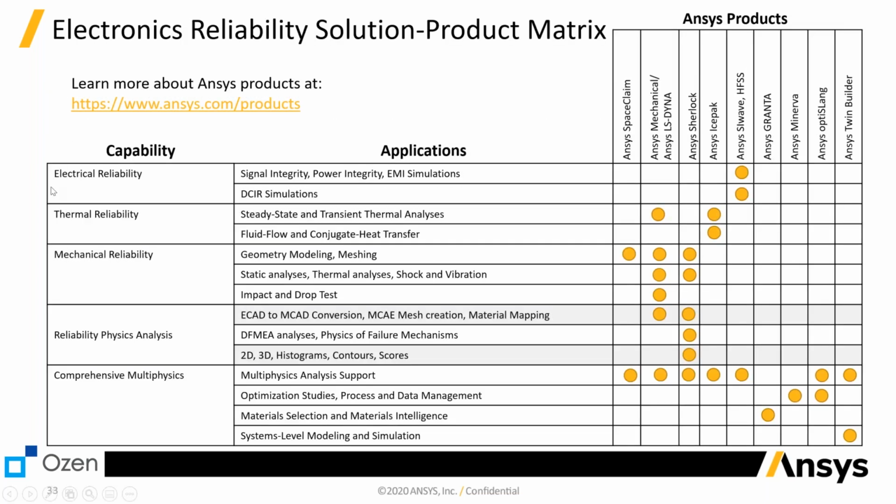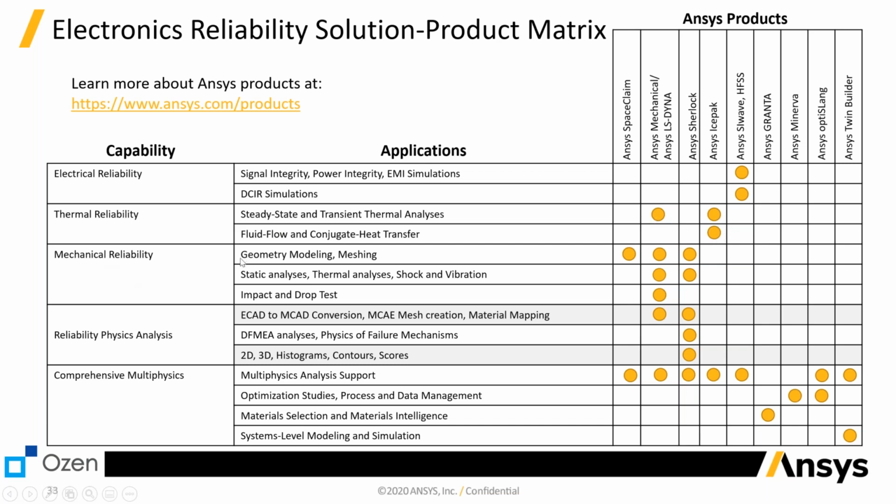Two weeks ago, we talked about electrical reliability, where ANSYS SIwave and HFSS were introduced. And then thermal reliability last week, where we talked about ANSYS Mechanical and ANSYS IcePak.